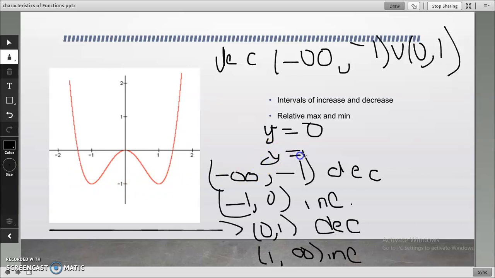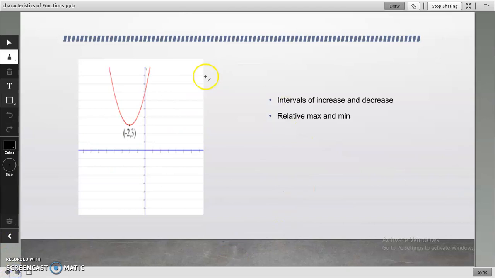So y equals negative 1. And if I want to denote the different ones, I can denote them as points: negative 1, negative 1, and 1, negative 1.